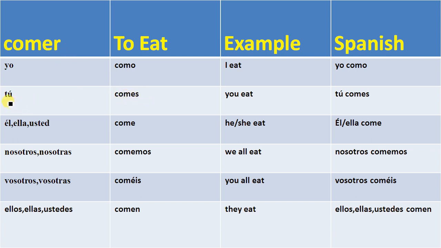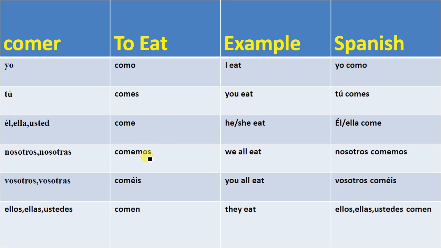So you will say tú comes, which means you eat. Now he eats. You know that with él, ella, usted, you always use the come form of comer. So you will say él come, or ella come, which means he eats or she eats.